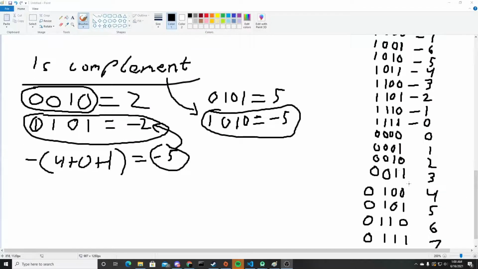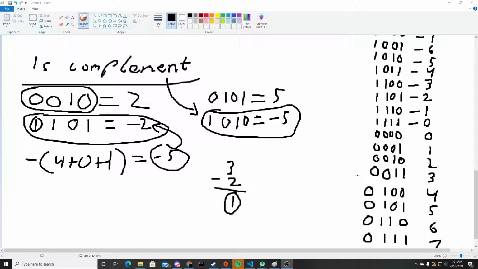So if, for example, we wanted to do 3 minus 2 in decimal, base 10, we know that we would get 1 from that. The result would be 1. So then let's do that now in binary, in one's complement.